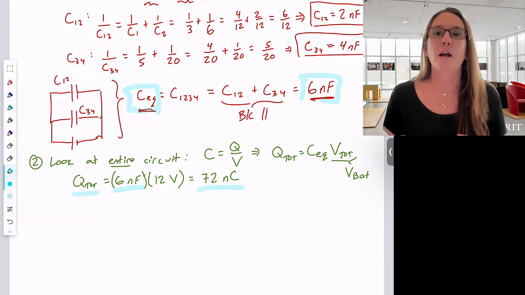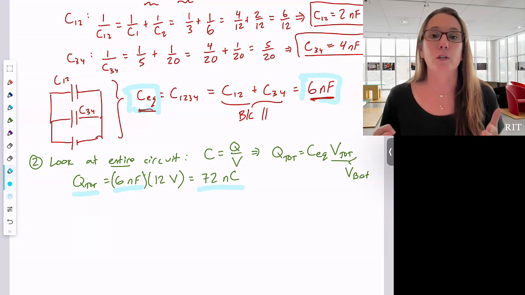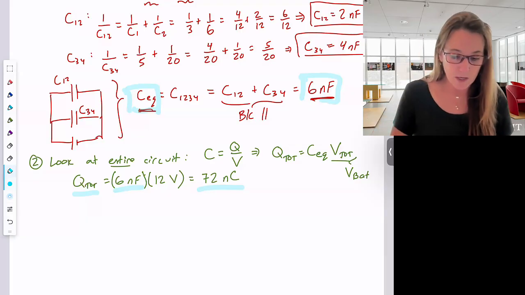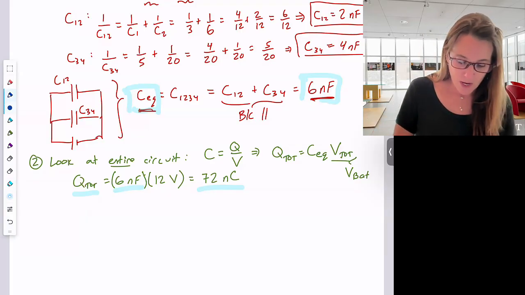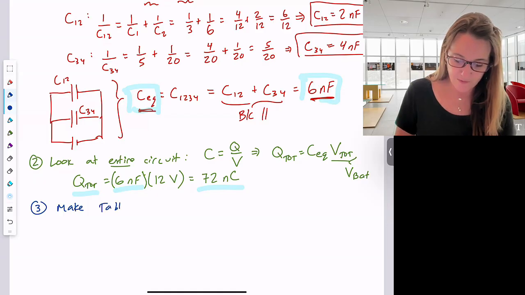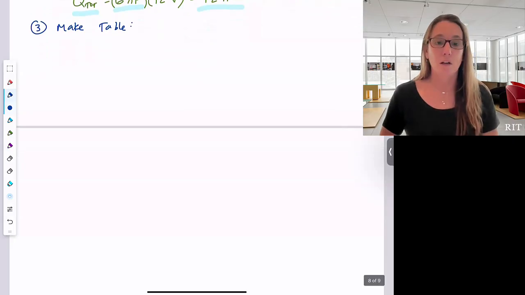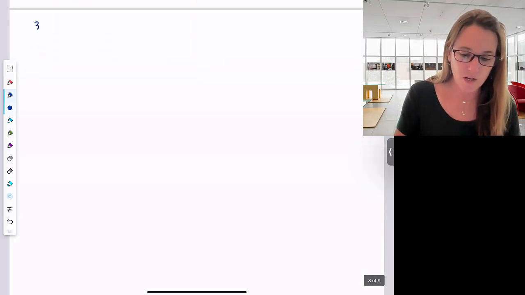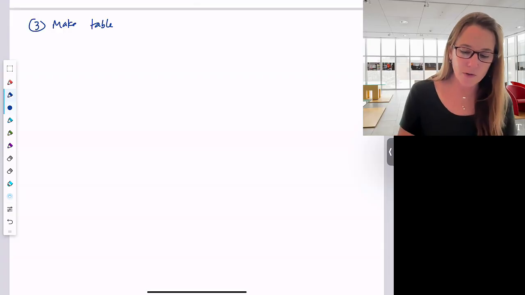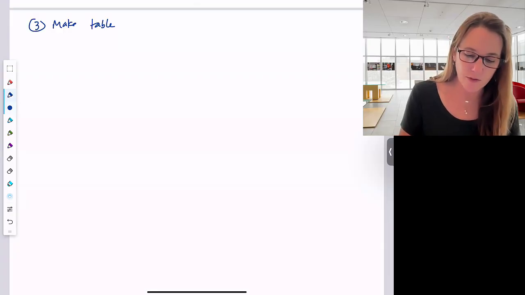So I've now decided what's happening with the whole circuit, and now I'm ready to make the table. So at this point, I'm going to go ahead and make my table. And the table is going to have the values of the capacitors.